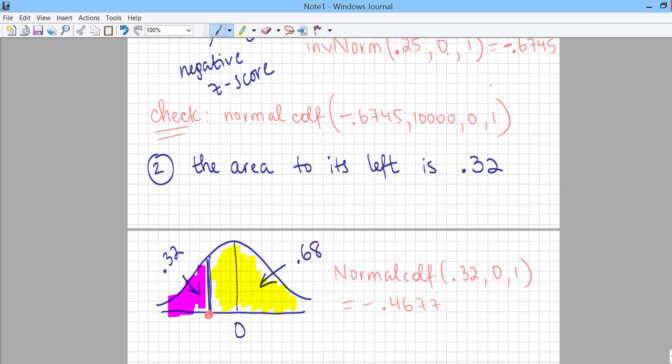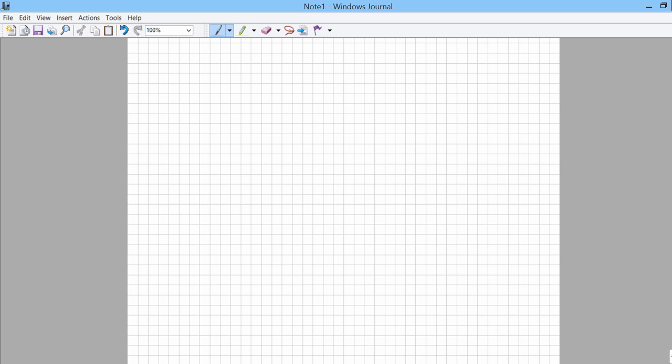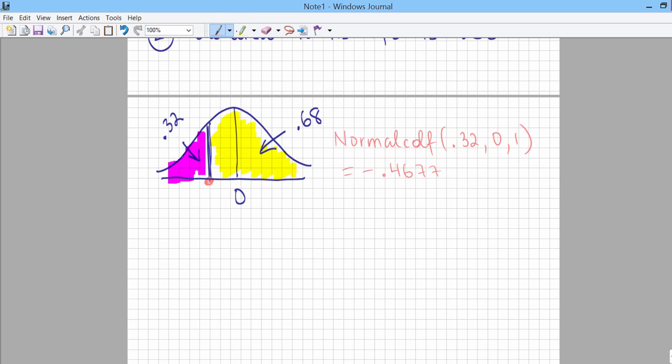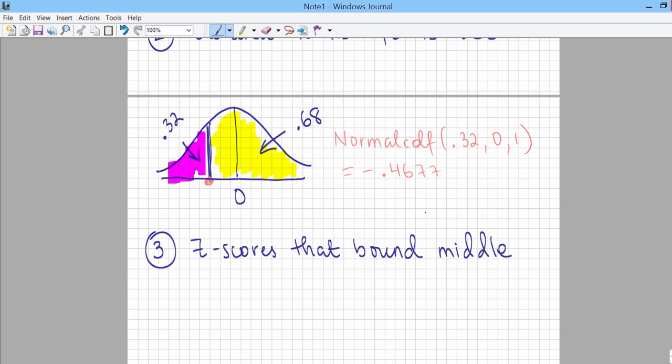Alright, so then the only other thing that we have left is, what if we are asked to find z-scores that bound some middle percentage. So let's say you have the following: z-scores that bound the middle 64%.